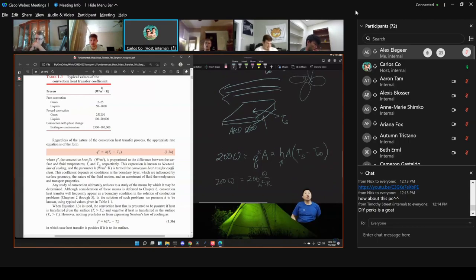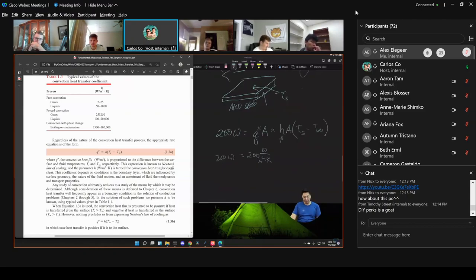Oh shucks, you've got an area problem. How big is a CPU? Let's say about 2 centimeters on one side, so that's 4 square centimeters. Your area is 4 cm squared.